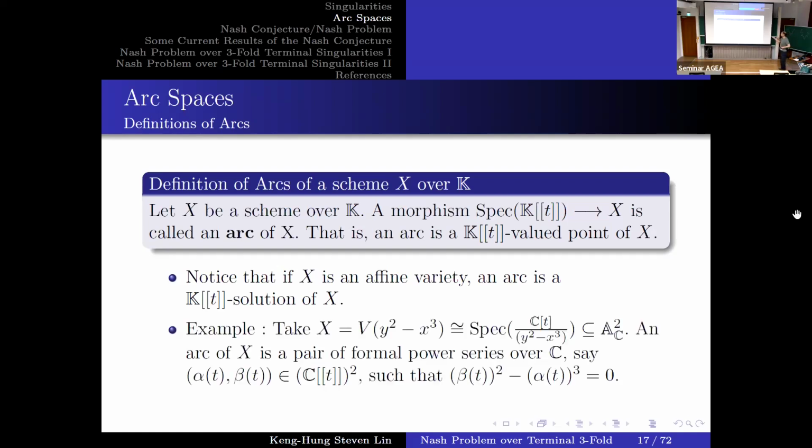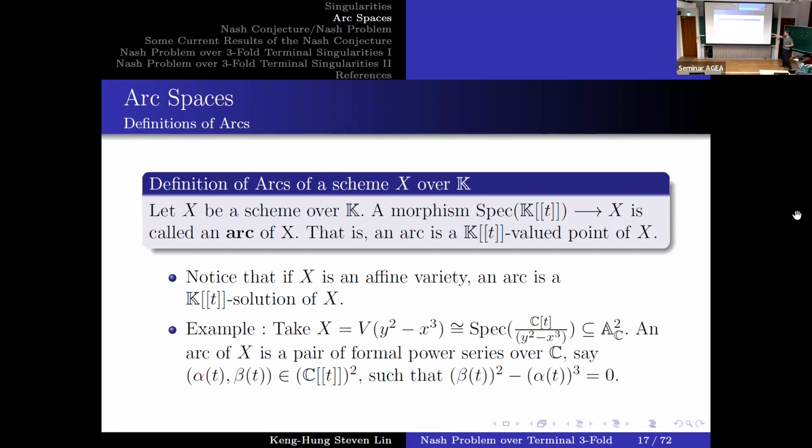So it is an arc of a formal power series valued point of X. If X is a affine variety, you carefully apply this definition and you can verify that this arc is actually a formal power series solution of X.